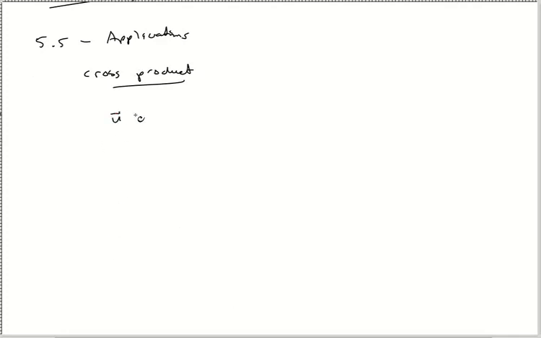So here we go. u cross v is equal to, and this is my determinant method of doing it, which I never use, but I want to show you because it's a pretty succinct definition that you can't get wrong. The rows are i, j, k; u1, u2, u3; v1, v2, v3.